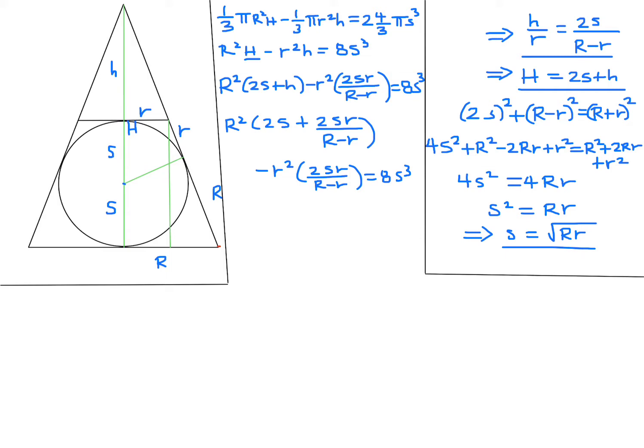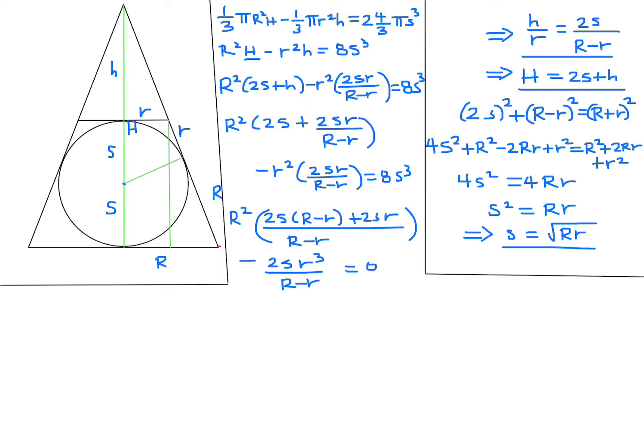And then we put this under a common denominator, and when you do, you basically get that this is going to be R squared times 2s times R minus r plus 2sr all over R minus r. And then the other one, we can just multiply it out, and that's going to give us 2sr cubed over R minus r is all equal to 8s to the power of 3.